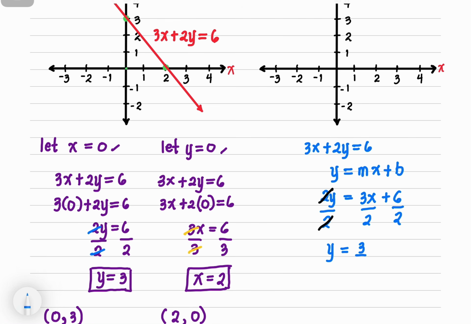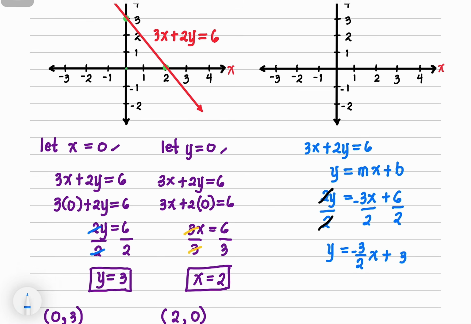So, 3 halves or 3 over 2 x plus 6 divided by 2 which is 3. Tama? And kindly correct. So, dito, from positive 3x, I forgot. It will become negative 3x kasi lumagpas pala tayo ng equal symbol. Right? Okay. So, likewise, magiging negative dito. Tama ba? Okay.